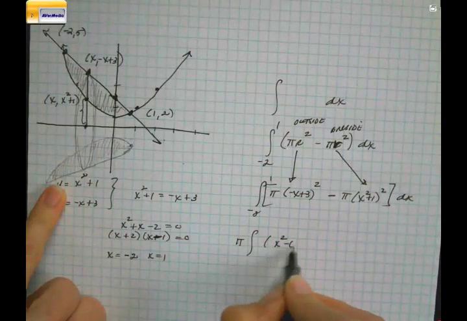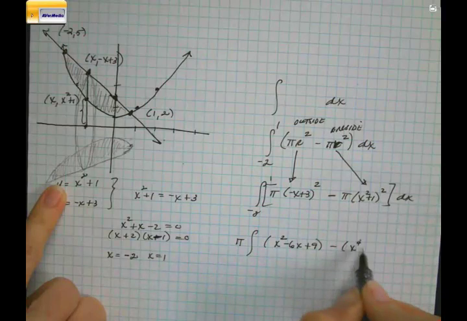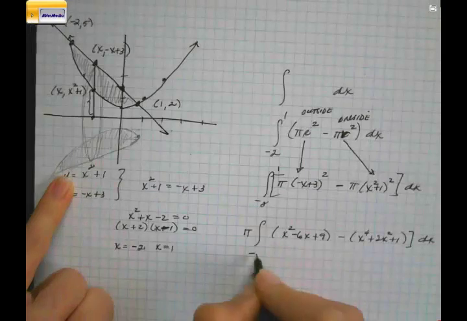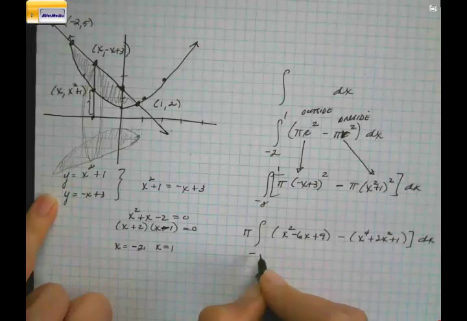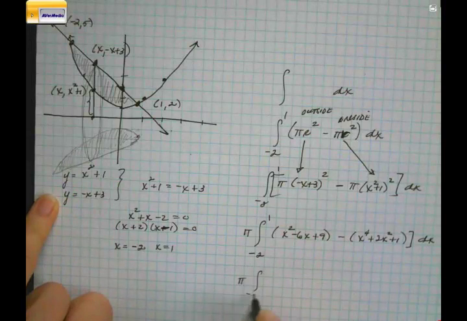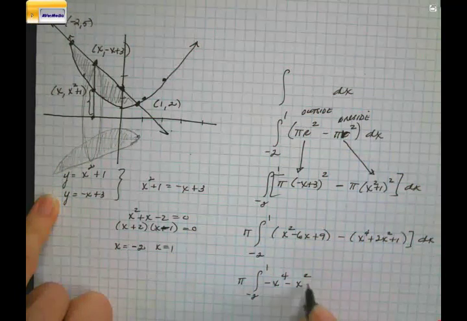X squared minus 6x plus 9 minus x to the 4th minus 2x squared minus 1, all dx, from negative 2 to 1. So this is pi from negative 2 to 1 of negative x to the 4th minus x squared, because it's minus 2x squared plus x squared, minus 6x plus 8.